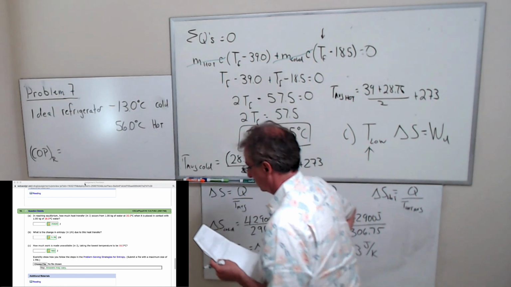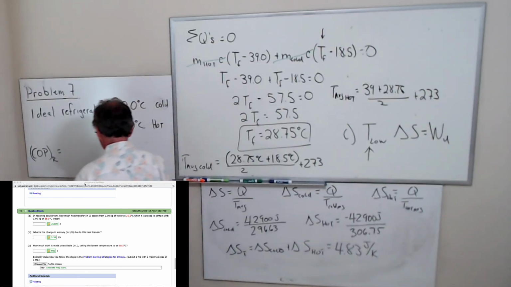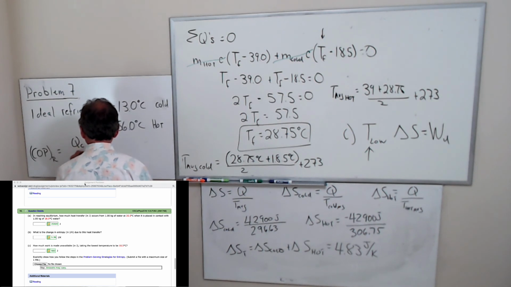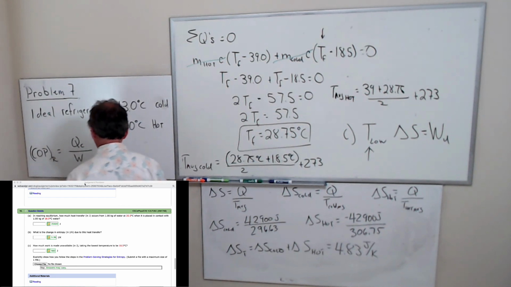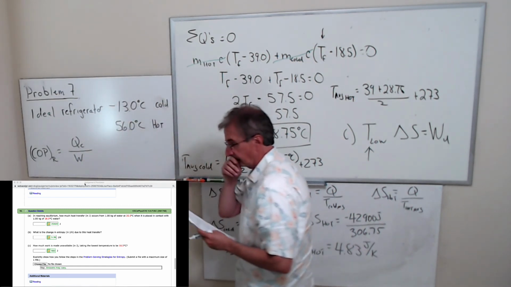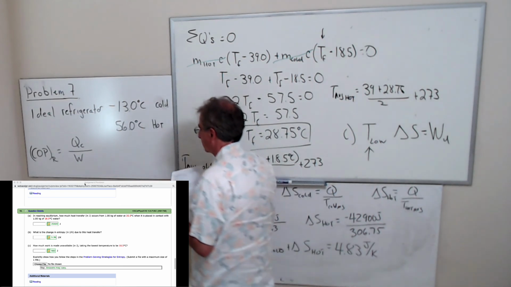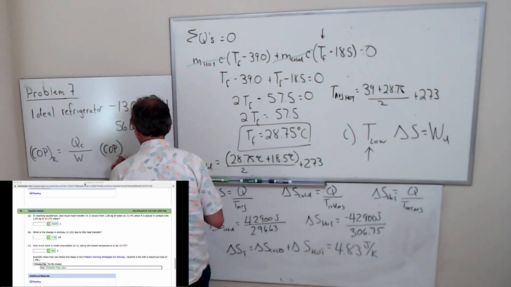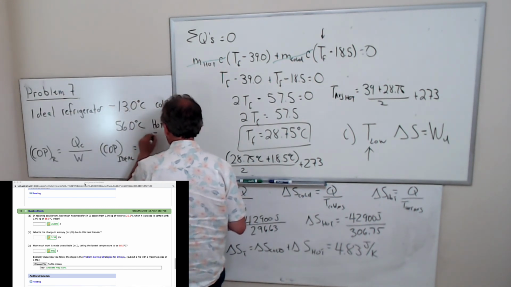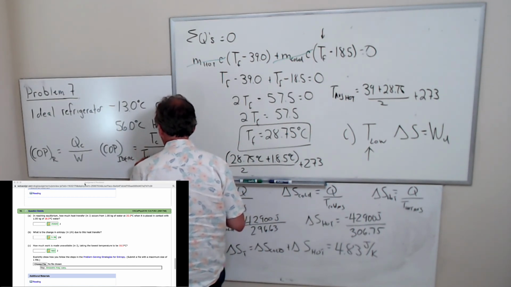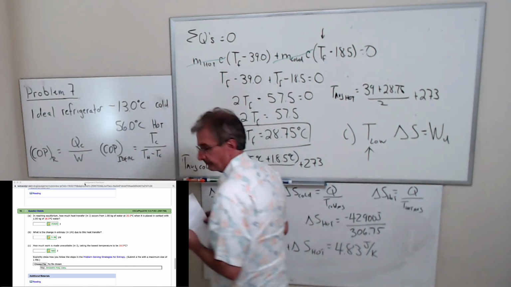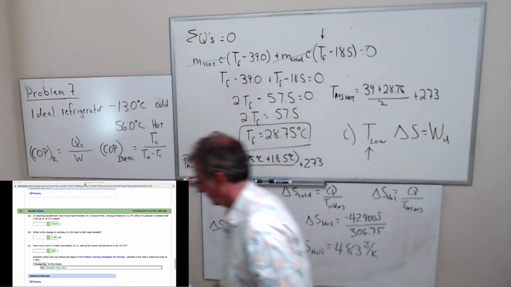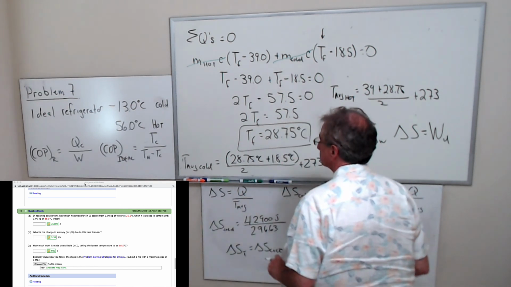Well, it's going to be Q cold over W. But for an ideal case, it's going to be T cold over T hot minus T cold. And of course they have to be in Kelvin.